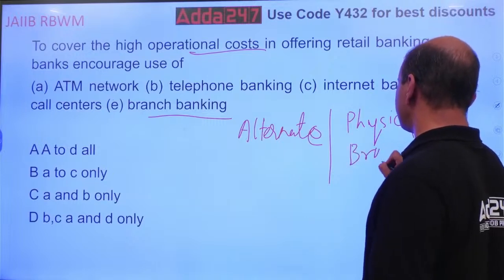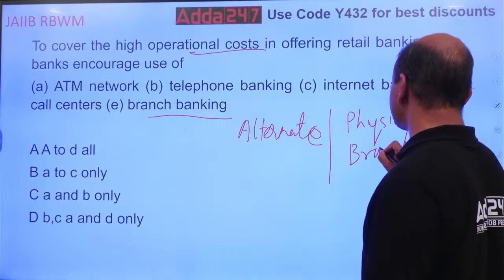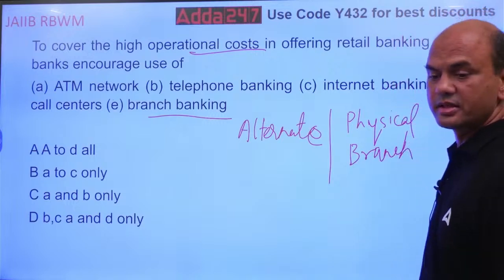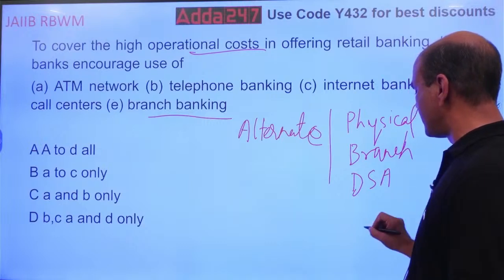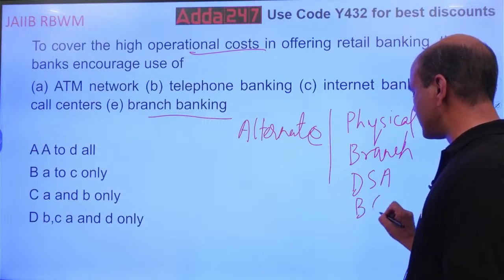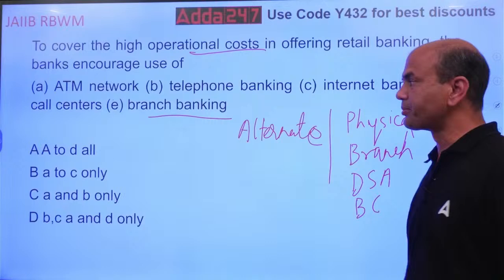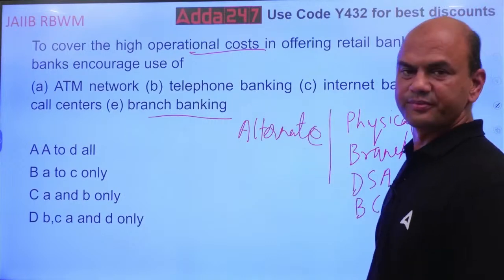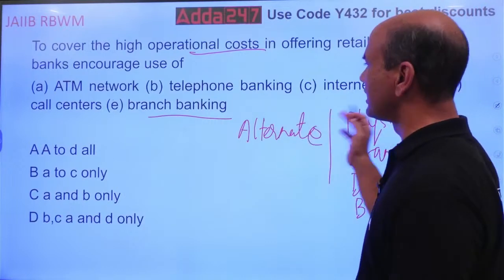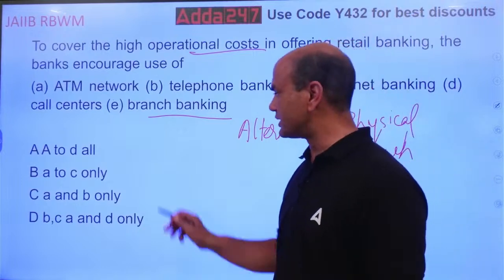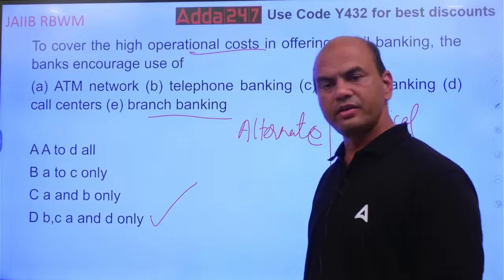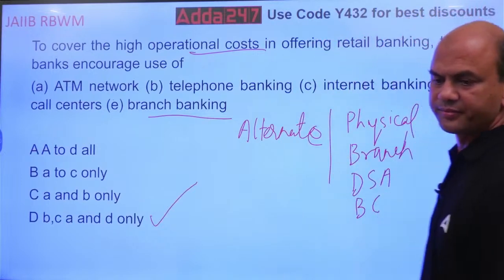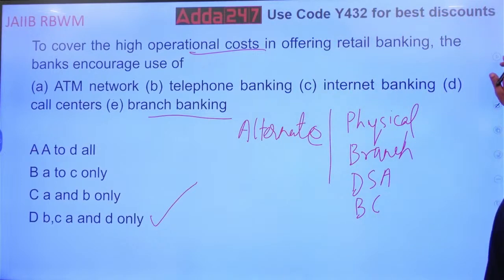These are all physical, means where you directly meet the customer. Branch. DSA. BC, business correspondent, in nationalized banks we have mainly. And alternate means all these: ATM, telephone, internet, call centers. So the answer is B, C, A and D. Got it? Next.